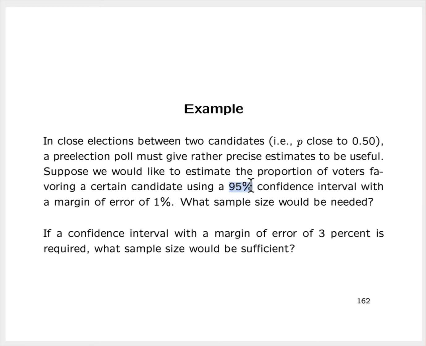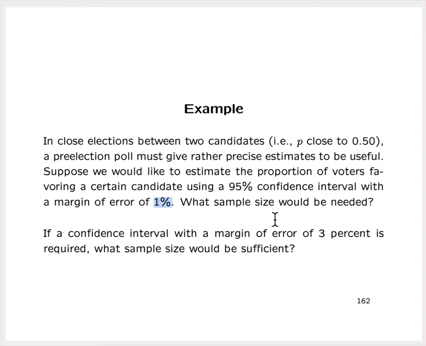So we want to have a high level of confidence that the interval actually contains the proportion of voters who favor the candidate, but we want the interval to be narrow enough to give us really precise information. And so in this particular scenario, we would want the margin of error to be no more than 1%. And so what sample size would be needed for that?